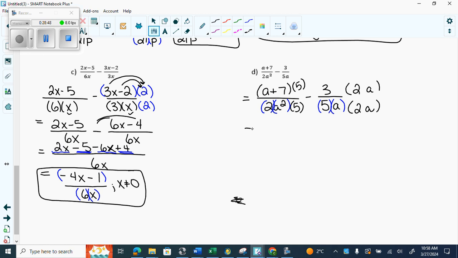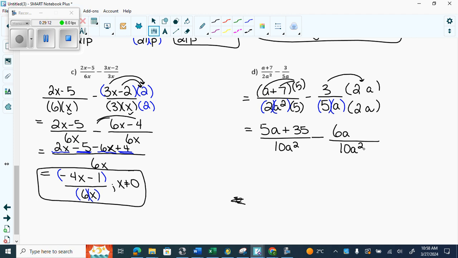So we are going to get (5a plus 35) all over 10a squared minus 6a over 10a squared. So first step, common denominator. Check.